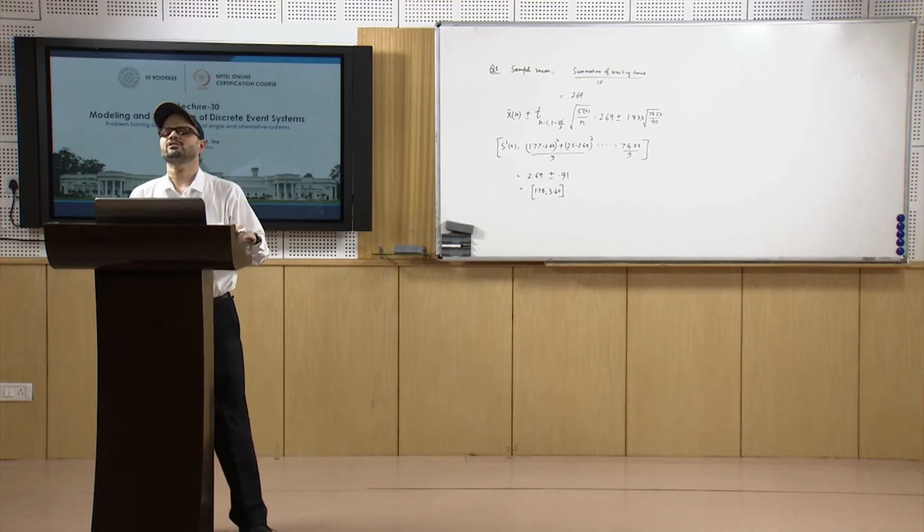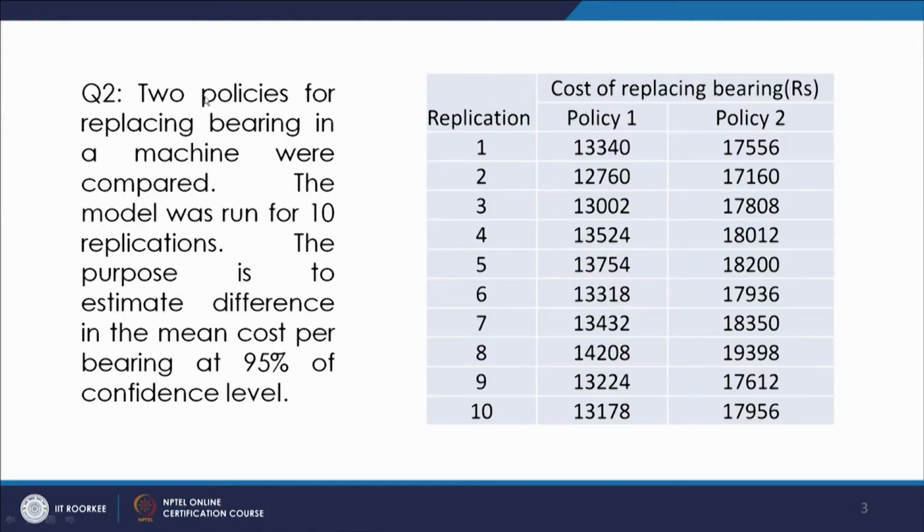The problem statement is like this, that two policies for replacing bearings in a machine were compared. We have to compare these two policies, and the model was run for 10 replications, and the purpose is to estimate the difference in the mean cost per bearing at 95% confidence level.